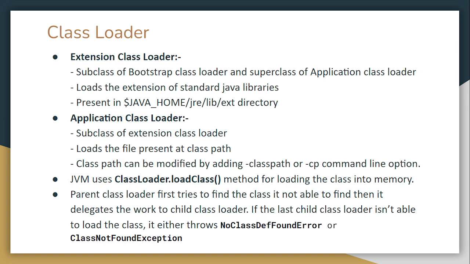Now next is extension class loader. It is a subclass of Bootstrap class loader and superclass of application class loader. It loads the extensions of standard Java libraries, which are present under the JRE lib ext directory.